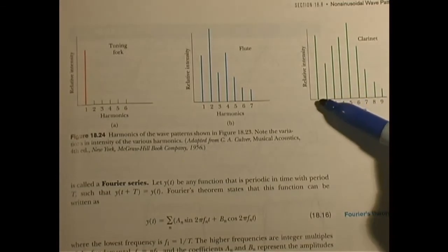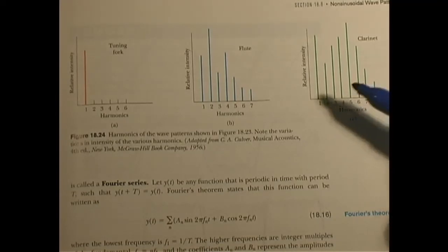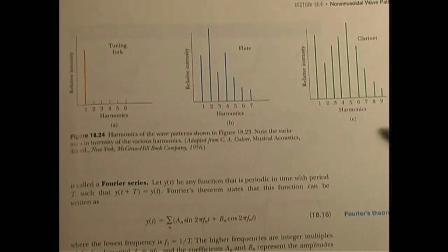The first one is pretty high, but look at the fifth one. This is F5, which is 5 times the frequency of F1, and it has a pretty high amplitude. So when you mix simple harmonic waves F1, F2, F3, F4, F5, and so on with this kind of relative amplitude, it's going to sound like a clarinet.